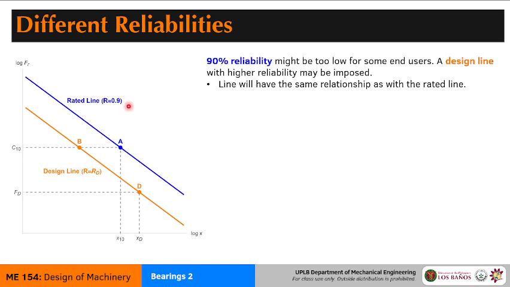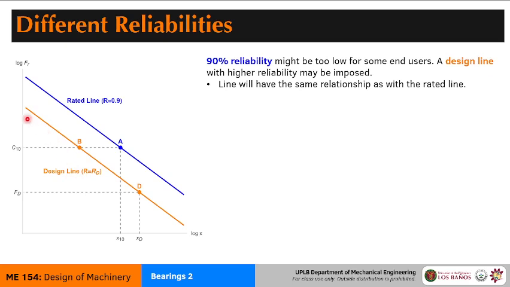So what you do is, you start with the normal line, which is a reliability of 90%, and then you draw another load line, which behaves the exact same way, but this time it has a higher reliability. We call the blue line the rated line, and this orange one here is the design line. Why is it the design line? It's because the application demands higher reliability.